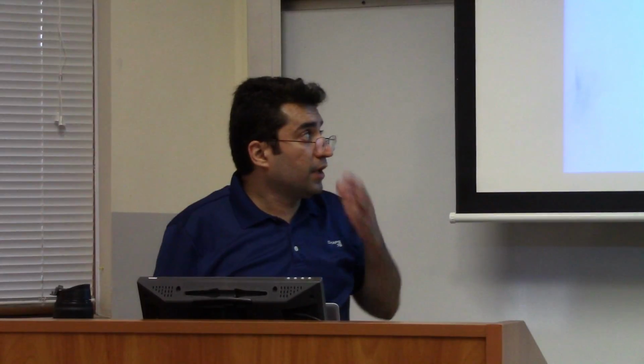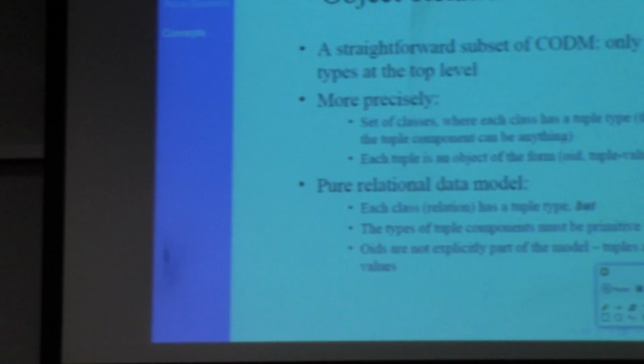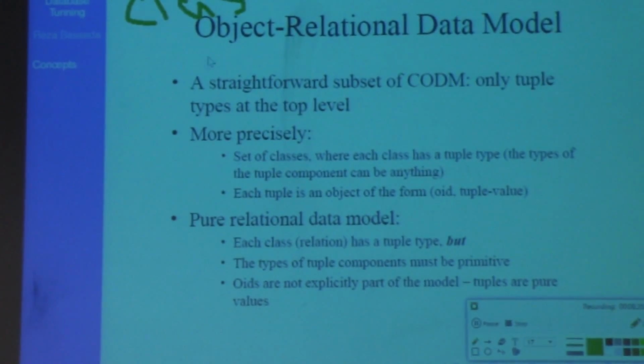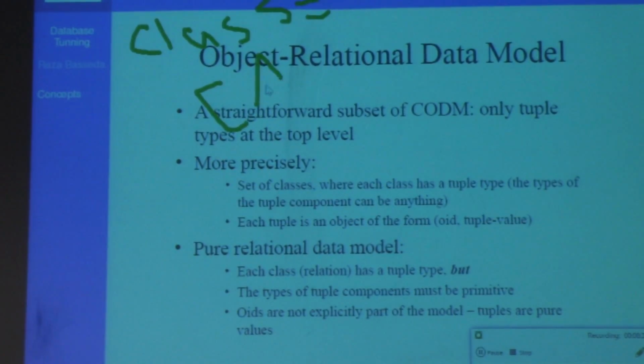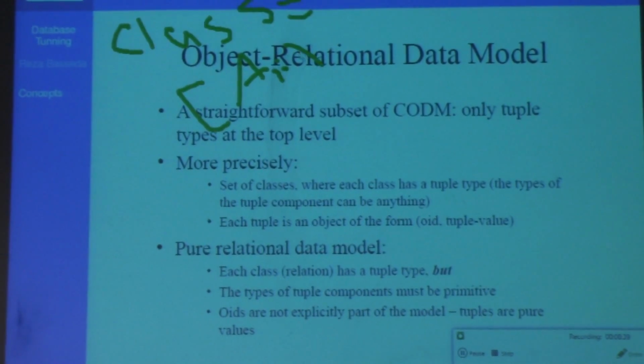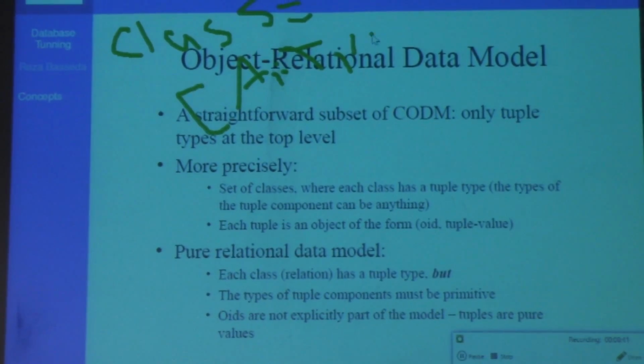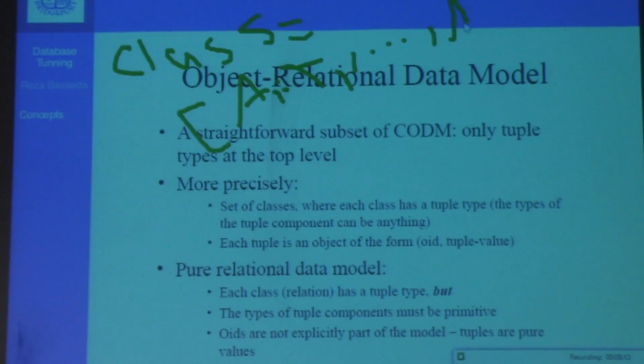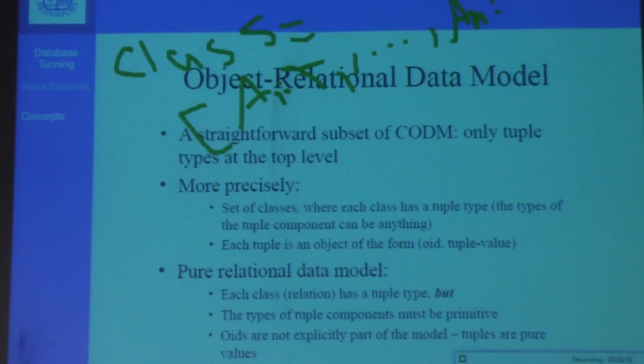Okay, so in the pure relational data model, what do we have? Same thing. So the object relational data model. What we have here is class equal to a set of A1, T1 to AN, TN.